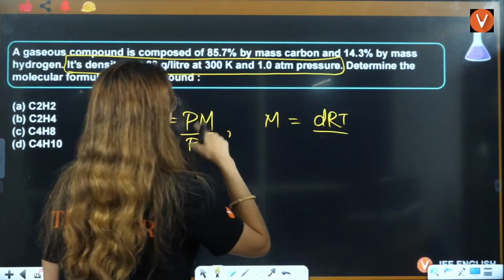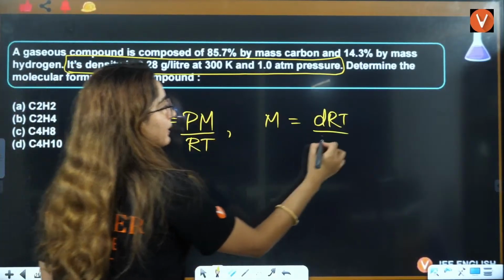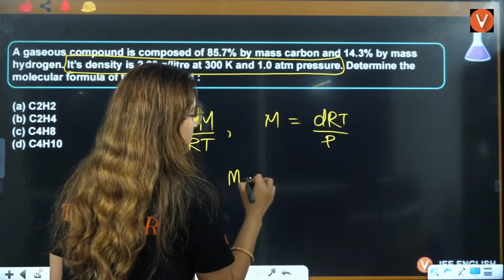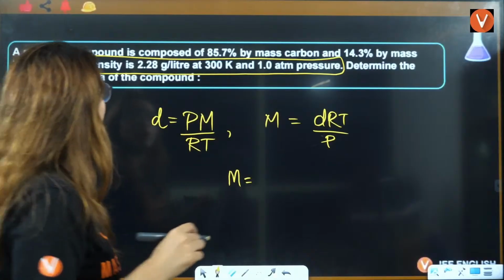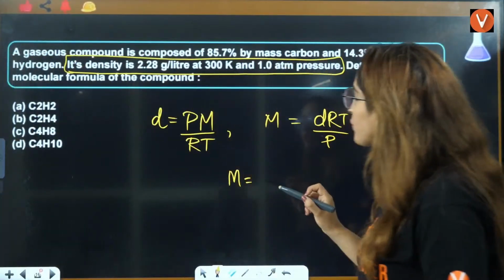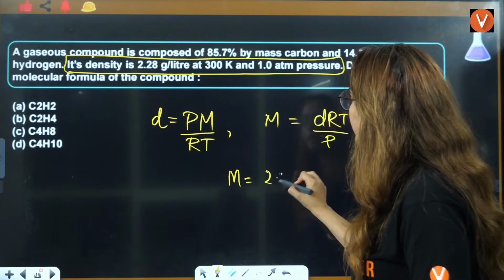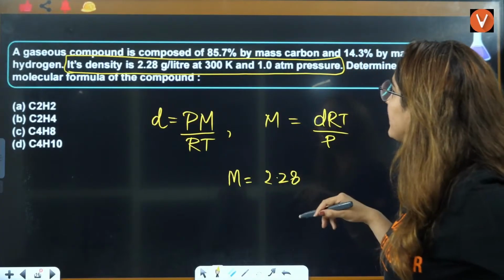So M = DRT/P. Now you also have to look at the units here. Density is 2.28 in gram per liter.